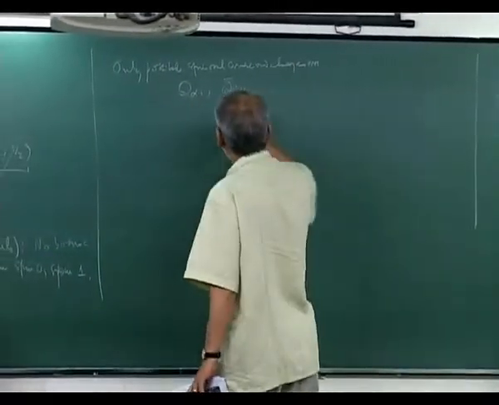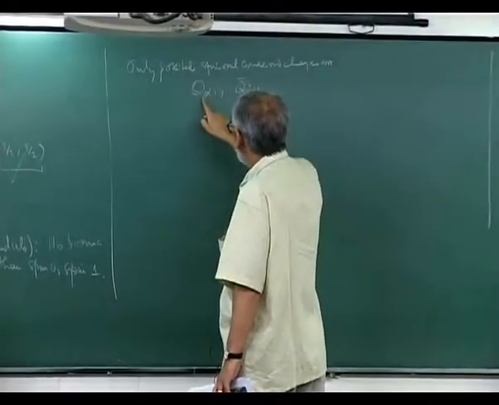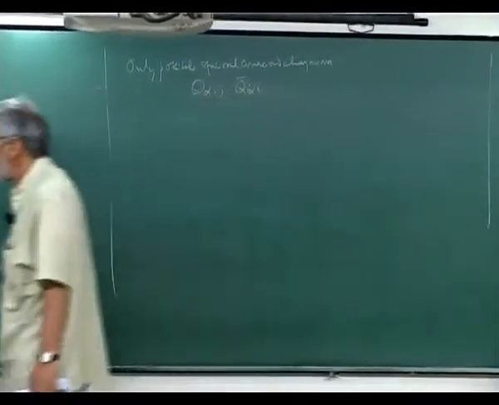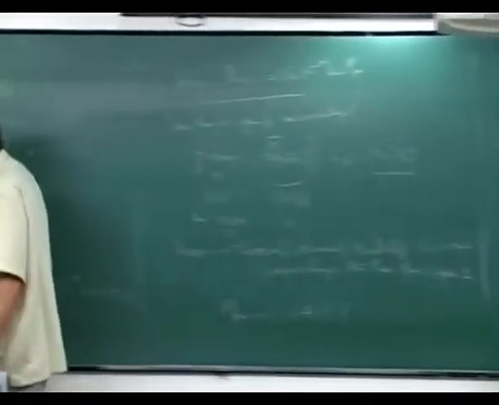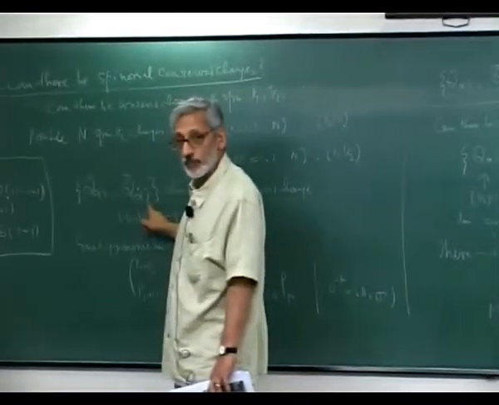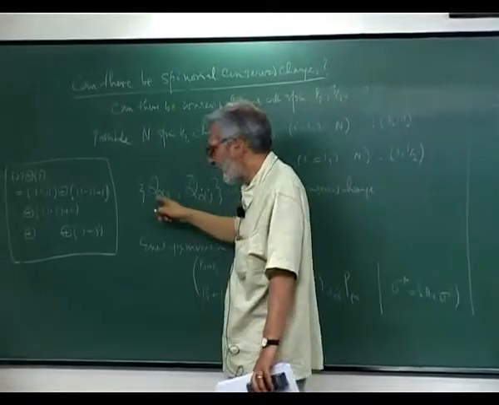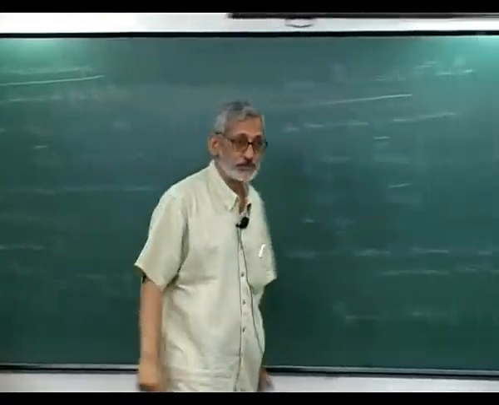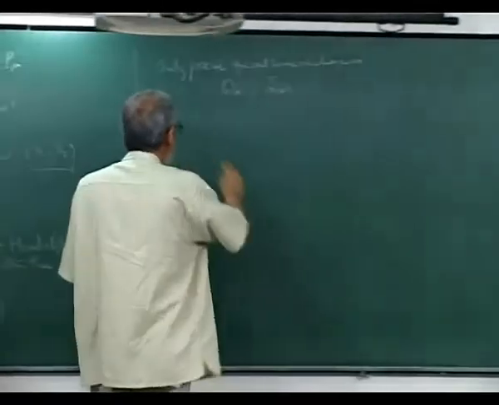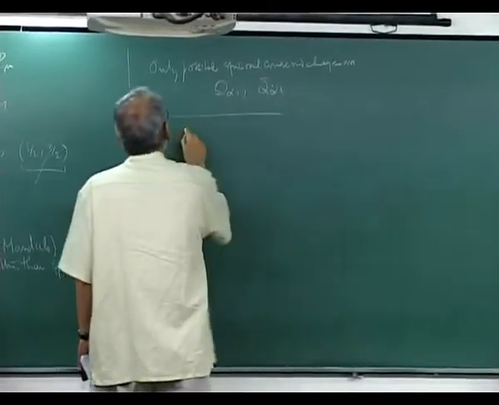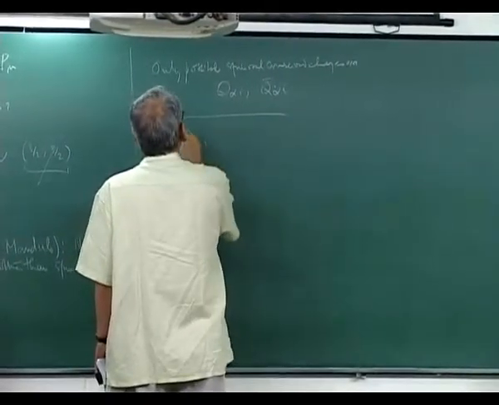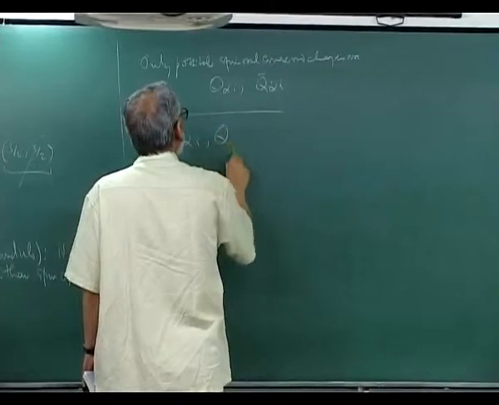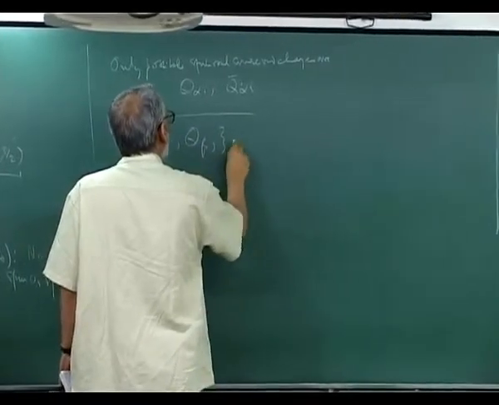We said the only possible ones are these ones, but then we already worked out the algebra of 2 q's, q and q bar. But then we must also have the algebra of q with q and q bar with q. So q alpha I anti-commutator with q beta j, what is this object?